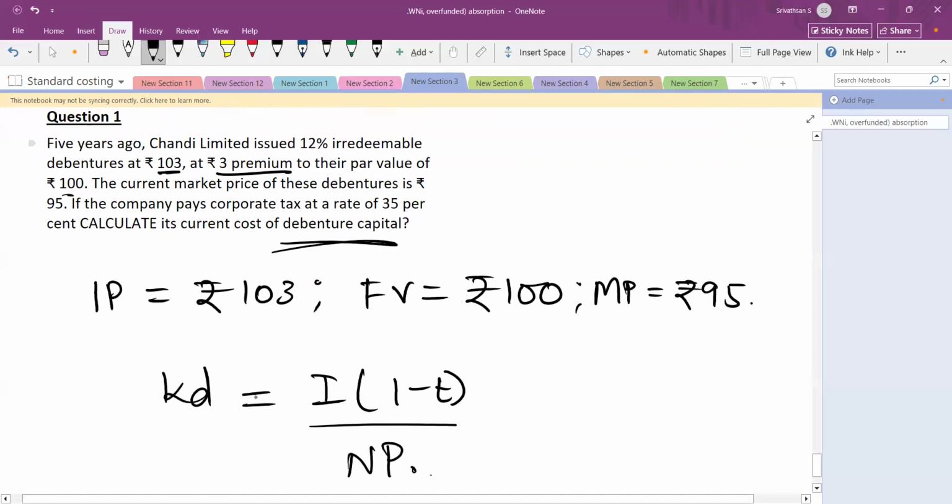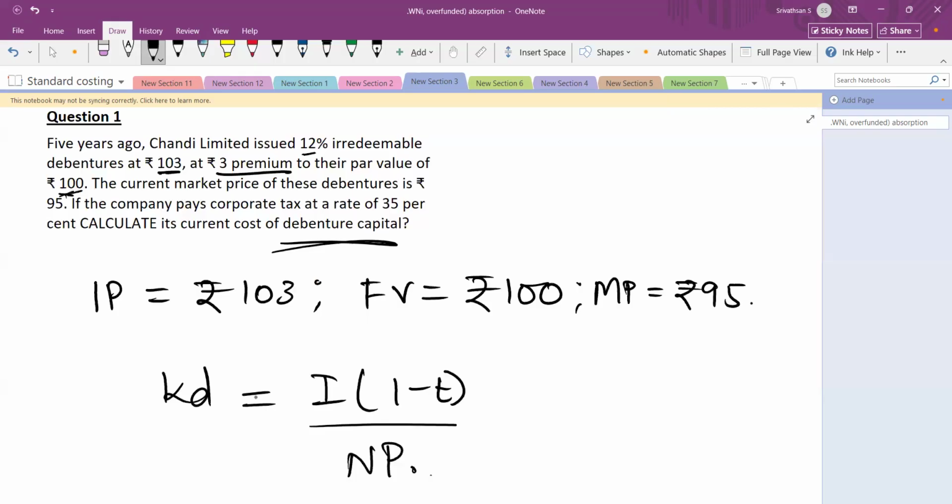The interest rate, or the coupon rate, is 12%, which needs to be applied on the face value, right? Because market value will keep on fluctuating. So the coupon rate needs to be applied on the face value of the debenture. And one more reason is the face value of the debenture is 100 rupees. So this face value is nothing but the amount the company has promised to pay to the debenture holders at the time of redemption.